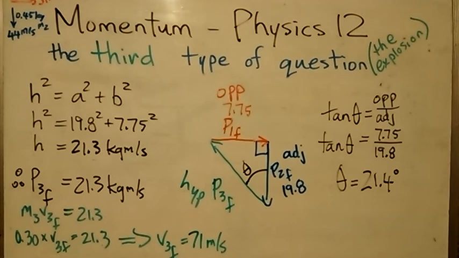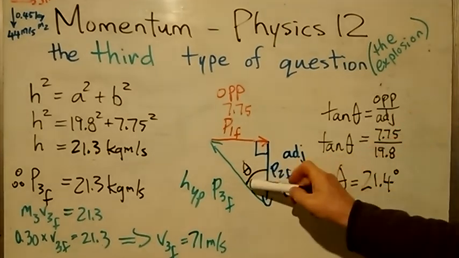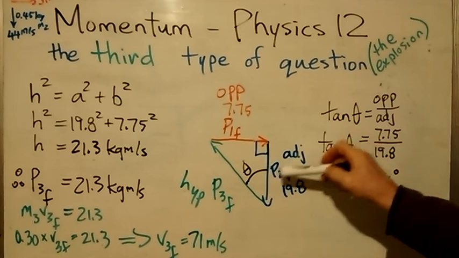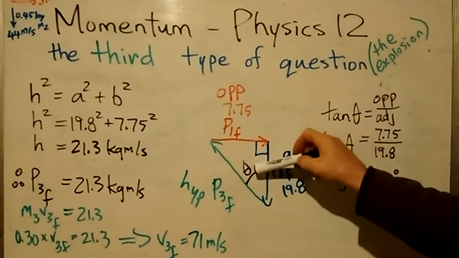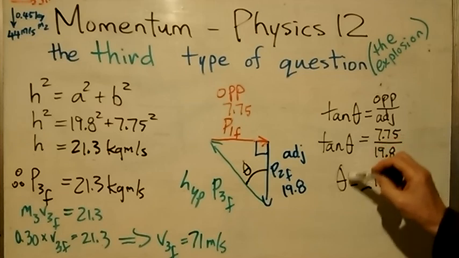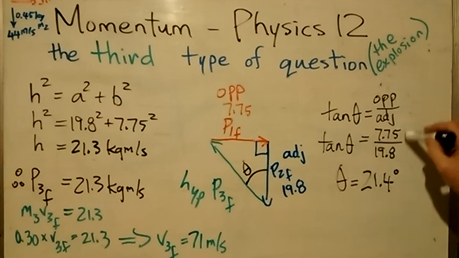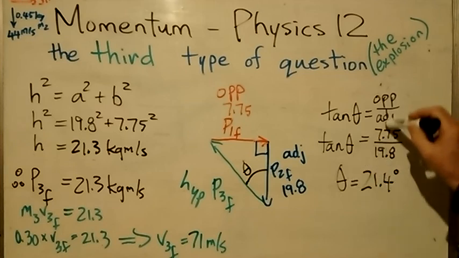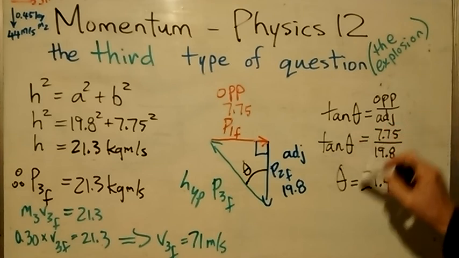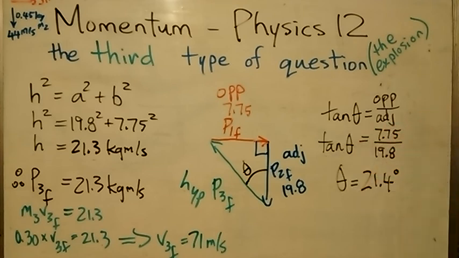Just doing the calculations, tan theta, that angle right here, is equal to opposite over adjacent, so TOA. T is opposite over adjacent. And we get 7.75 divided by 19.8. Do that number, get a decimal, shift tan or inverse tan, and we get 21.4 degrees.